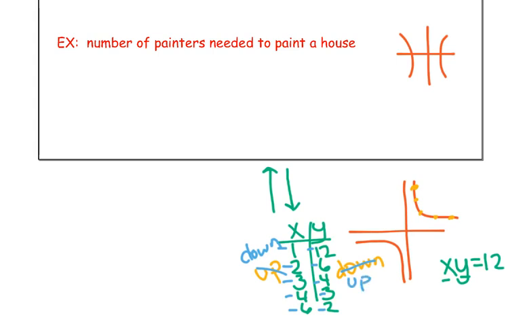And if you plotted those points, -1, -12, -2, -6, -3, -4, -4, -3, -6, -2, and so on and so forth, you would get that picture that you're seeing in quadrant 3. So when you have an x times y equals 12, or y equals 12 over x, where this could be any constant number, that's called your constant of variation, you would get what's called an inverse hyperbola.